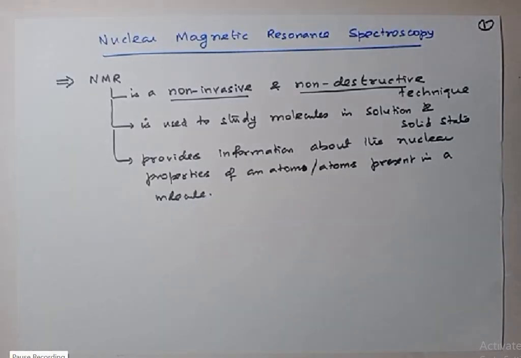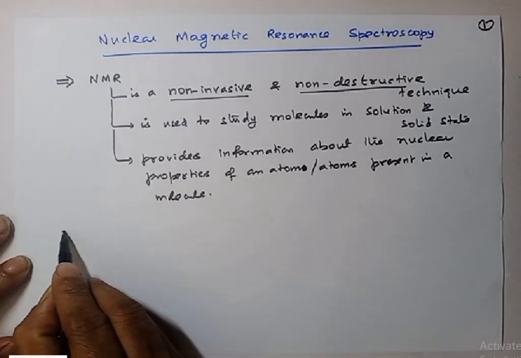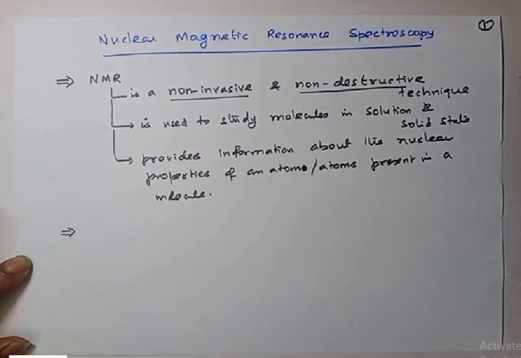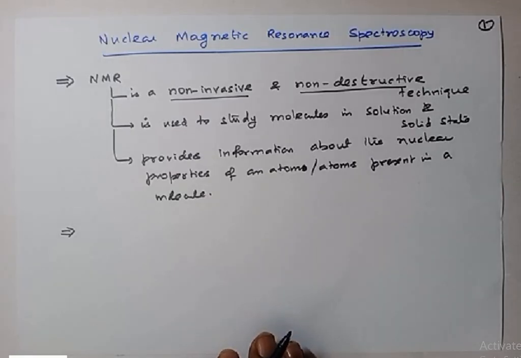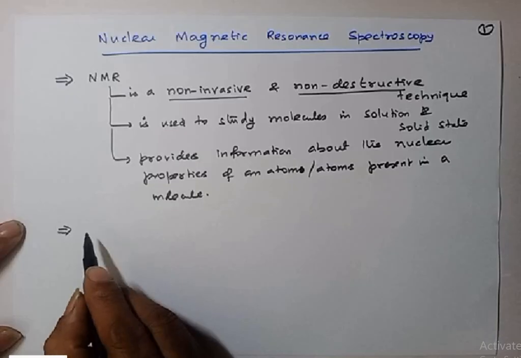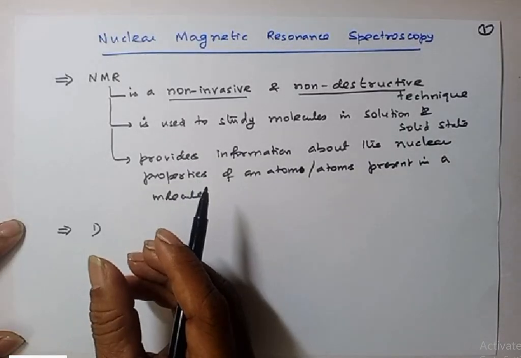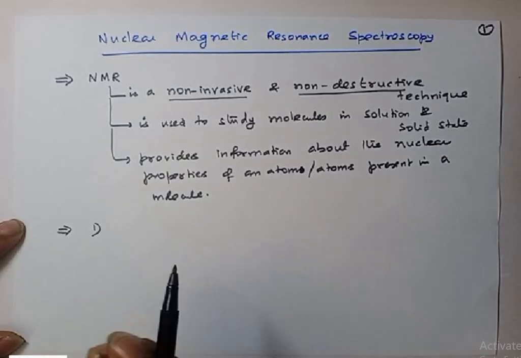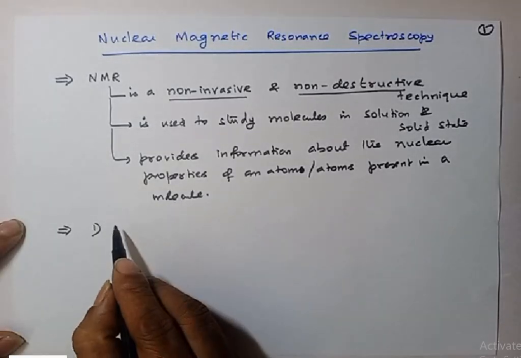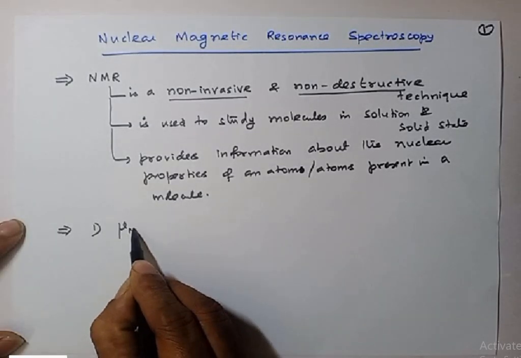Many scientists were involved in the discovery and the development of the NMR techniques. Number one, listen. The nucleus of an atom possesses a property called nuclear magnetic moment.